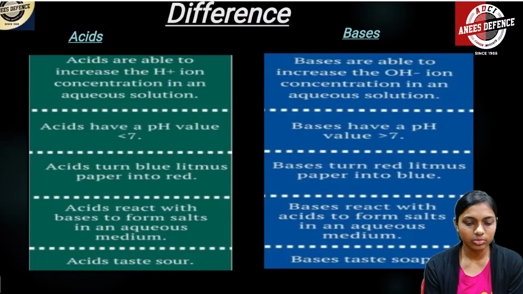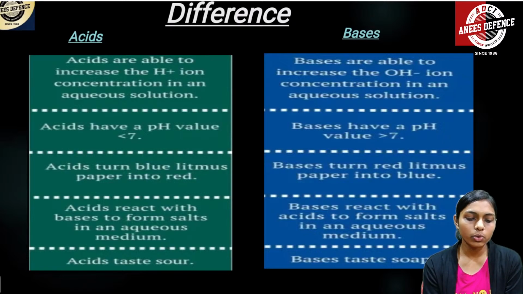The difference between these two is that in acids the H plus ion concentration increases, and in bases the OH minus ion concentration increases. Then comes pH value. As we have already talked about it, the pH value for acids is less than 7 and for bases is greater than 7.